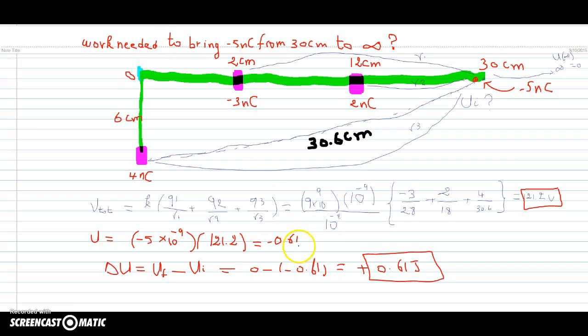So this is microjoule, which means 10 to the minus 6. Alright, so this is the energy I have to add to this particle to free it to infinity.